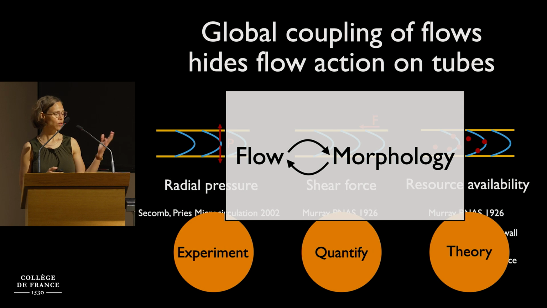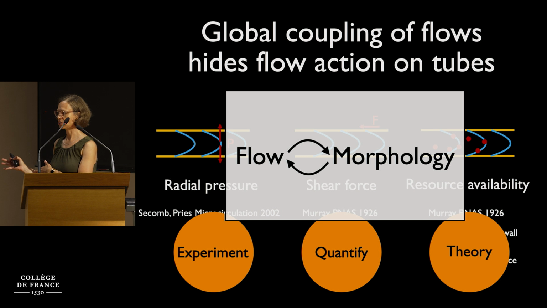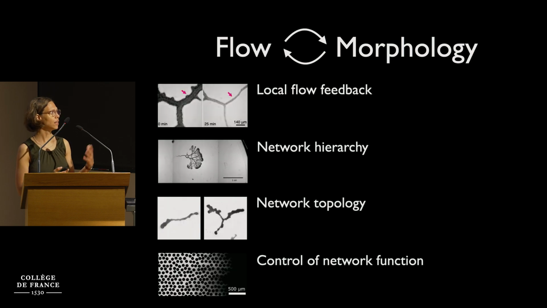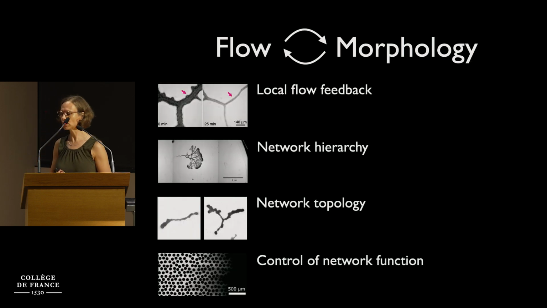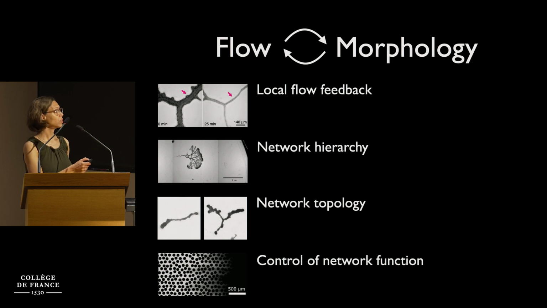And I do so by combining experimental observations with quantifications and theoretical models, and trying to create a big picture of that. My roadmap to untangle this feedback between flow and morphology is the following. I'm interested in what is the local flow feedback? What is the quantity that's driving tubes to grow or to shrink?